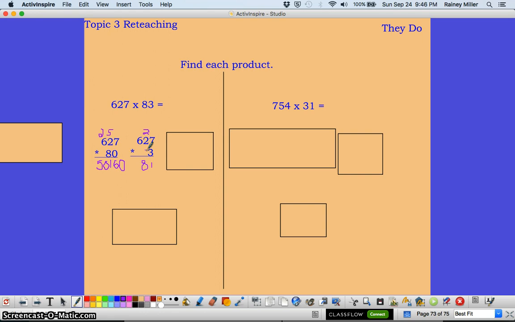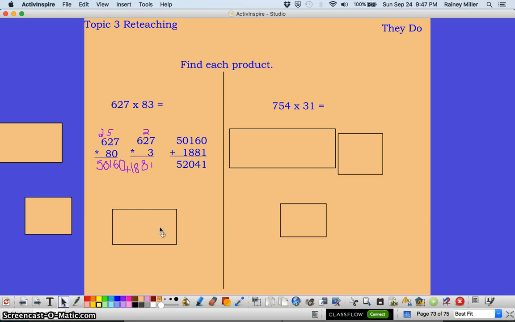And then 3 times 6, that's going to be 18. And what I'm going to do is I'm going to add those two numbers together. And whenever I fast forward and do that, what I end up with is right here.